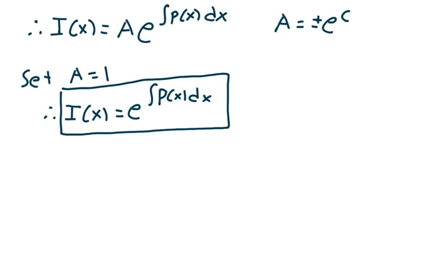Now, we can set a equal to 1 because we just need an integrating factor that works. Could I have a equal 2? Yes, I can. Could I have a equal 1,000? Yes, I can. A equals 1 is just for convenience. And so the integrating factor, I of x, is equal to e raised to the integral of p of x dx. And that's how we derive that integrating factor.